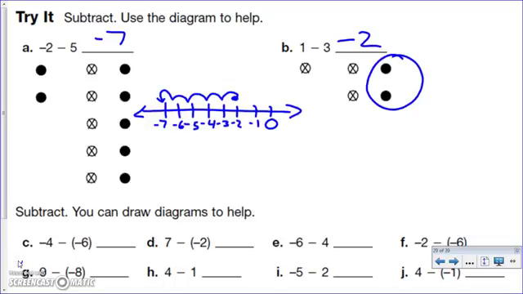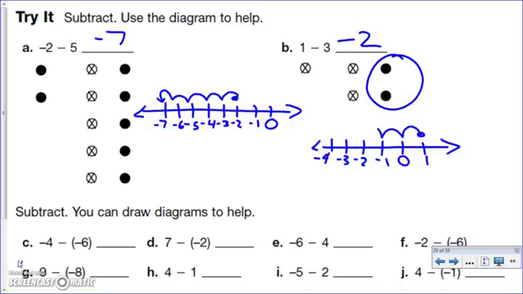Okay, and if we do that on a number line, I'm starting at 1 and I'm taking away 3, so I'm going to make 3 hops to the left on my number line, which ends me at -2. So again, you can use either method, the dots, the number line, or just in your head.